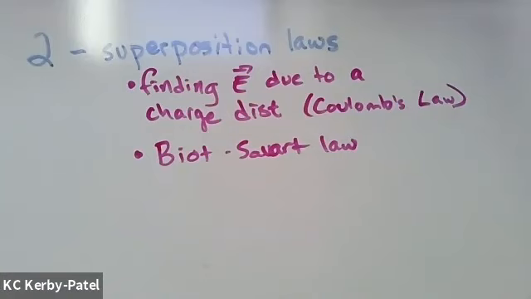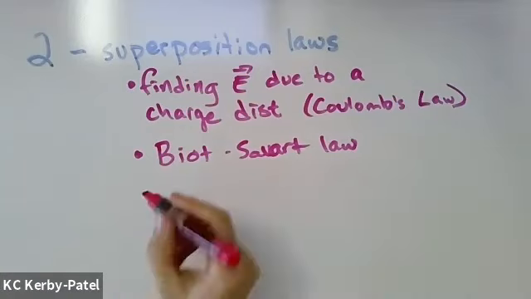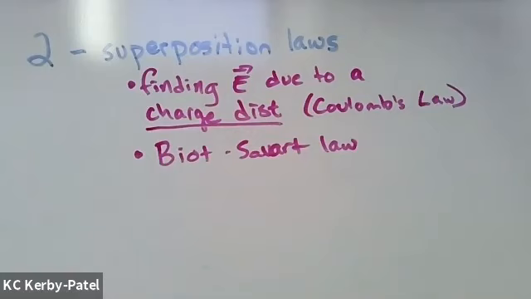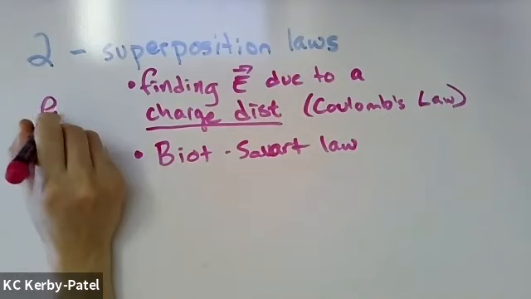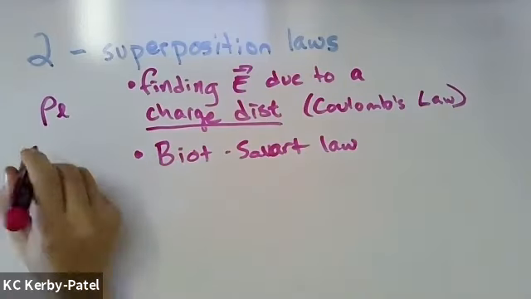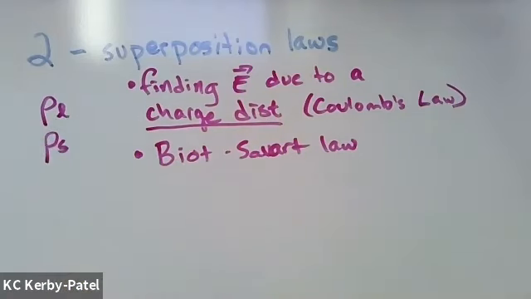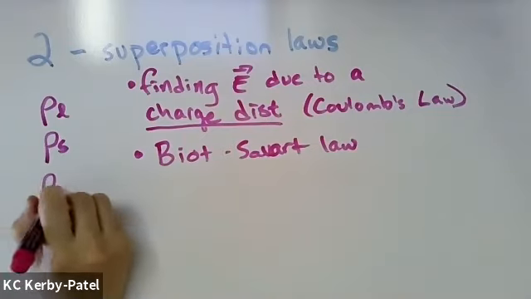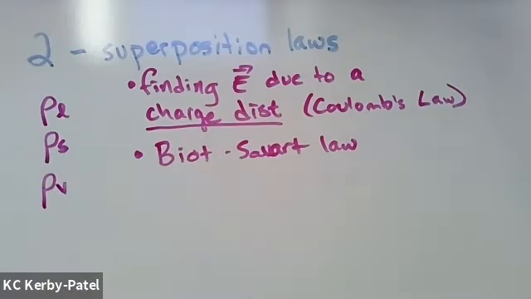I noticed on the midterm that a lot of people had issues with the charge distribution. I wasn't sure if it's just that you assumed that every charge distribution problem is a surface charge problem, but I want you to remember that there are line charge distributions, surface charge distributions, and volume charge distributions.